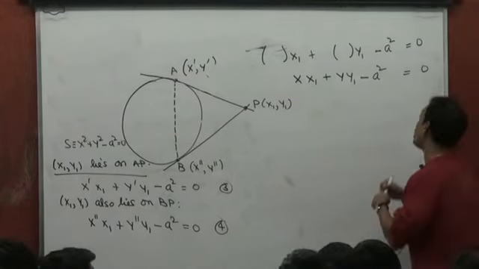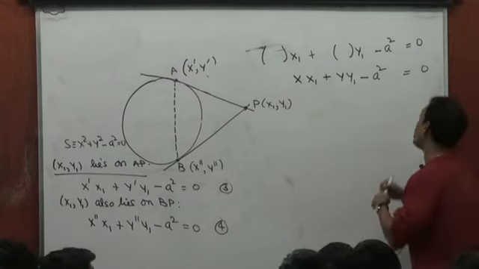If x1, y1 is a point on the circle, then T equal to 0 represents the equation of the tangent at x1, y1. But if x1, y1 is a point outside the circle, then T equal to 0 will represent the chord of contact with respect to x1, y1.